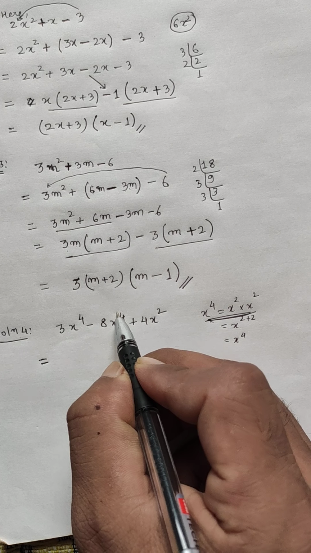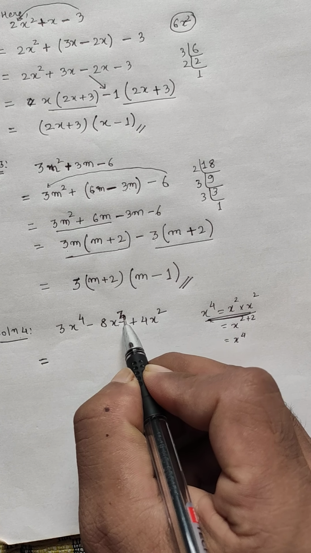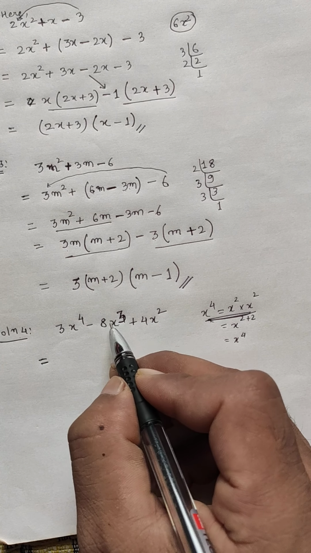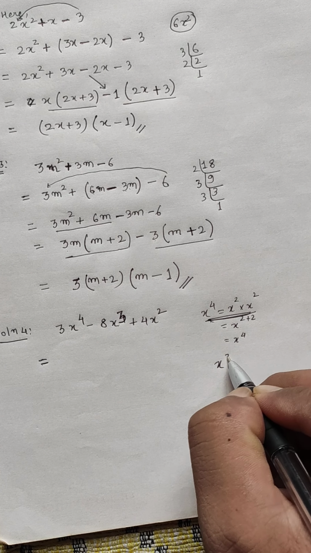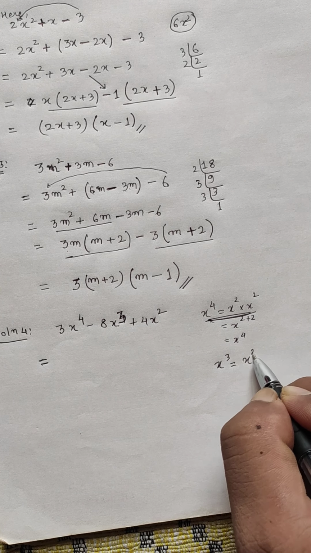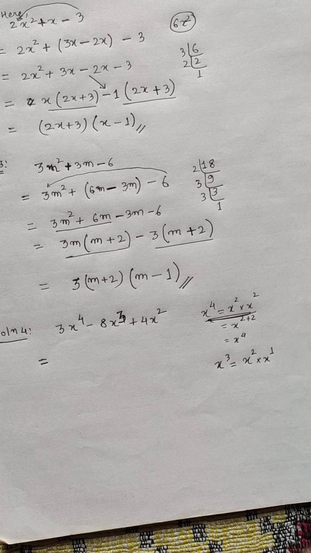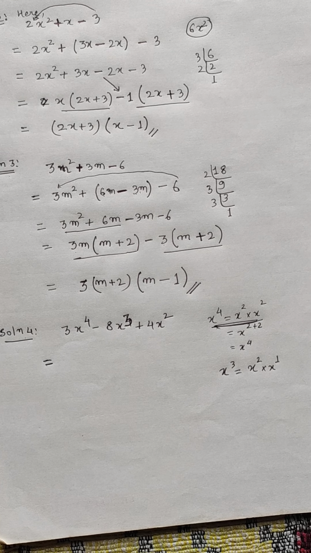Sorry, here is 3, not 4. The question has x cube, and we can write x cube as x square times x, by laws of indices.